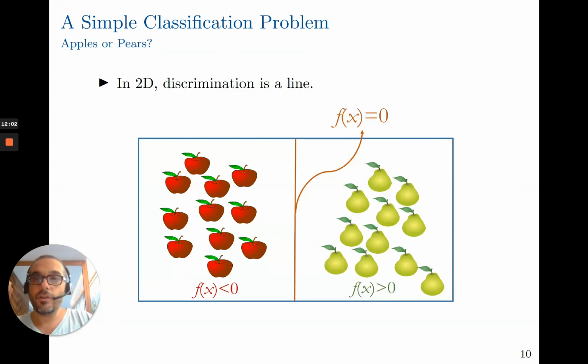In 2 dimensions, of course, the discrimination is a line, splitting the space into 2 subspaces, where on one side you have the apples and on the other side you have the pears.